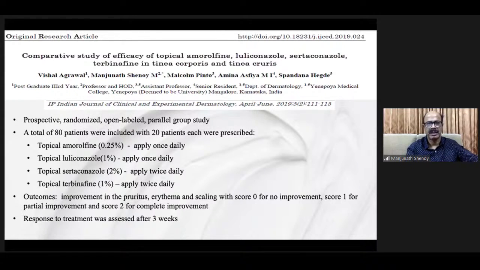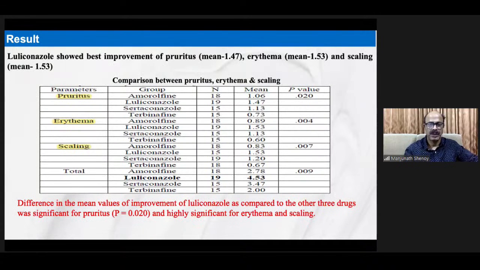It's very difficult to get a patient suitable for topical therapy alone because you need to have very limited lesions, which is not easy. So we had only 20 patients each in this group, and that's why we didn't get a high impact publication. But we could see that in our study, luliconazole definitely had a better symptom control as well as efficacy. The improvement in the inflammatory parameters was statistically significant as compared to other molecules.